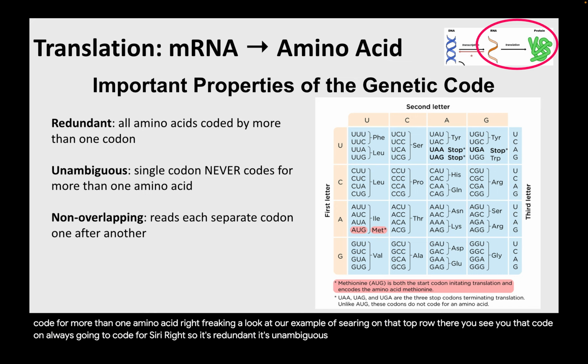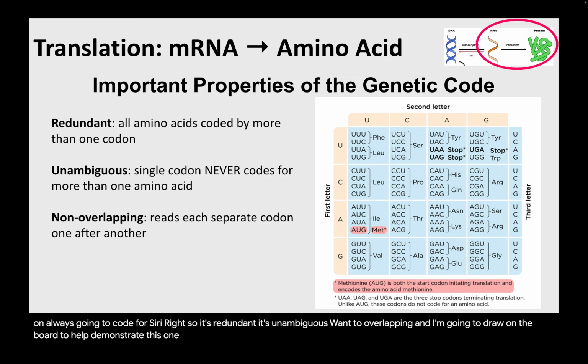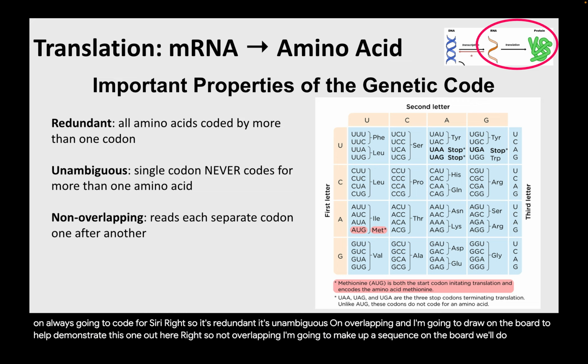and it's non-overlapping. I'm going to draw on the board to help demonstrate this one. All right, so non-overlapping. I'm going to make up a sequence on the board. We'll do AUG, which is the common start codon.